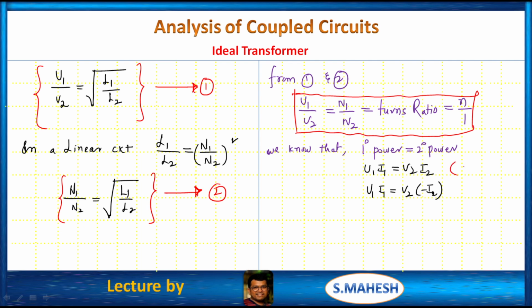This is correct. This is for plus M or minus M, right? Because in two-port network analysis we can do the analysis in this method or in this method. We can take the current direction either clockwise or anti-clockwise. Therefore, let us consider this equation. From this you can write minus I2 by I1 which is equals to what? V1 by V2 which is equals to what? N by 1.